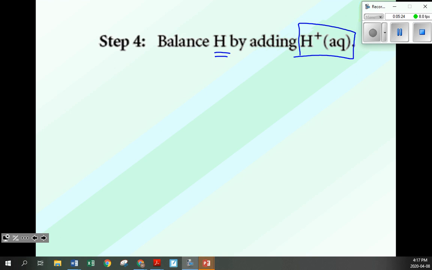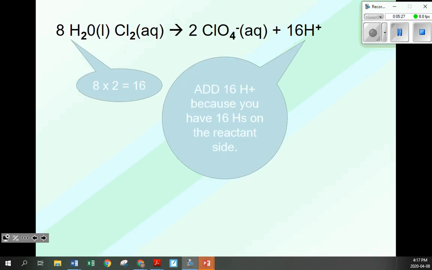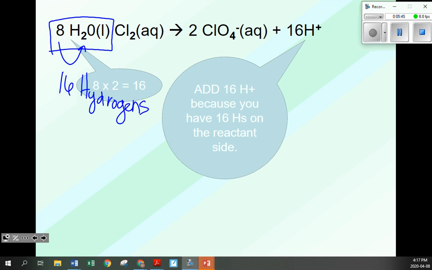Cool, let's do that. Because there is 8 waters, right? That's what we had to add in our previous step to make sure that oxygen's balanced. I have 16 hydrogens. So what do I have to do? I have to add 16 H pluses on the product side so that my products equal my reactants.